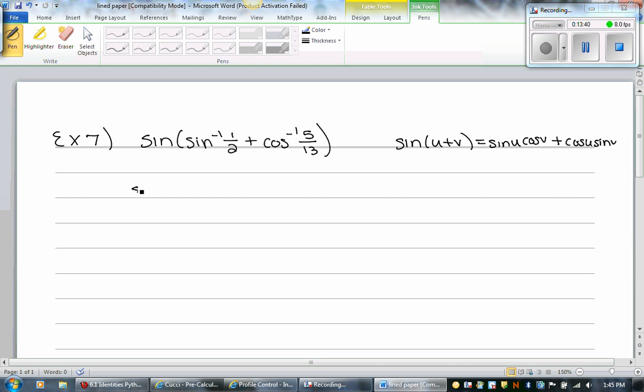This becomes sine of sine inverse of a half times cosine of cosine inverse of 5/13 plus cosine of sine inverse of a half times sine of cosine inverse of 5/13.